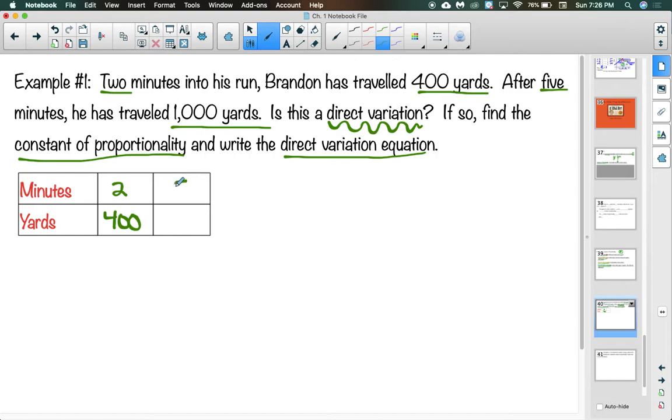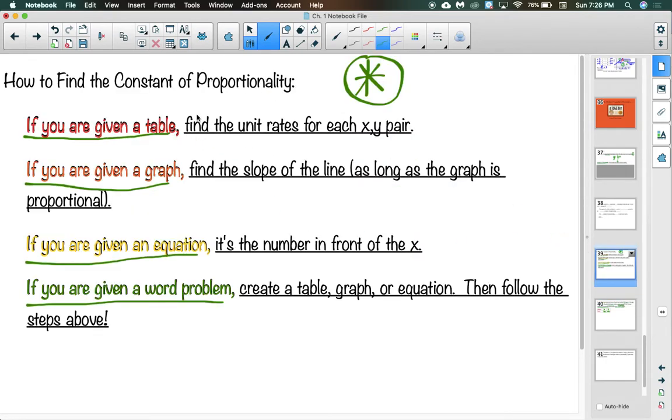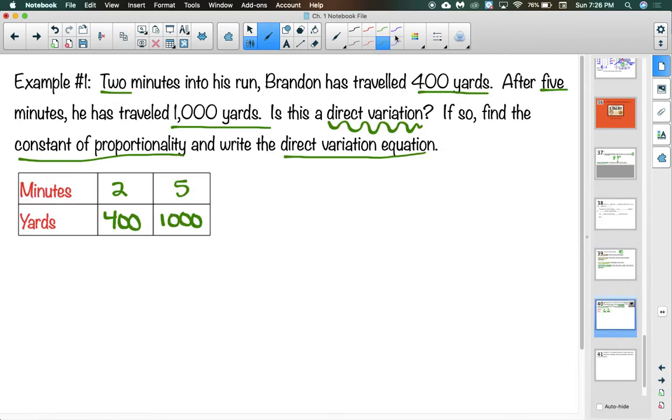After 5 minutes, he has traveled 1,000 yards. So, let's go back to our previous slide. How to find the constant of proportionality. Well, this was a word problem and we chose to make a table. So if we're trying to find the constant of proportionality from a table, first we have to find those unit rates and see if it's a proportional relationship.